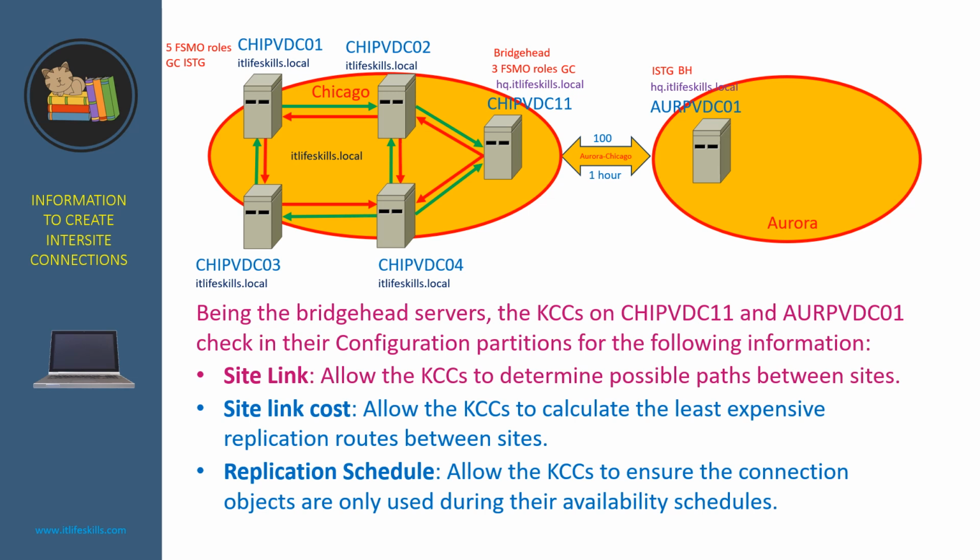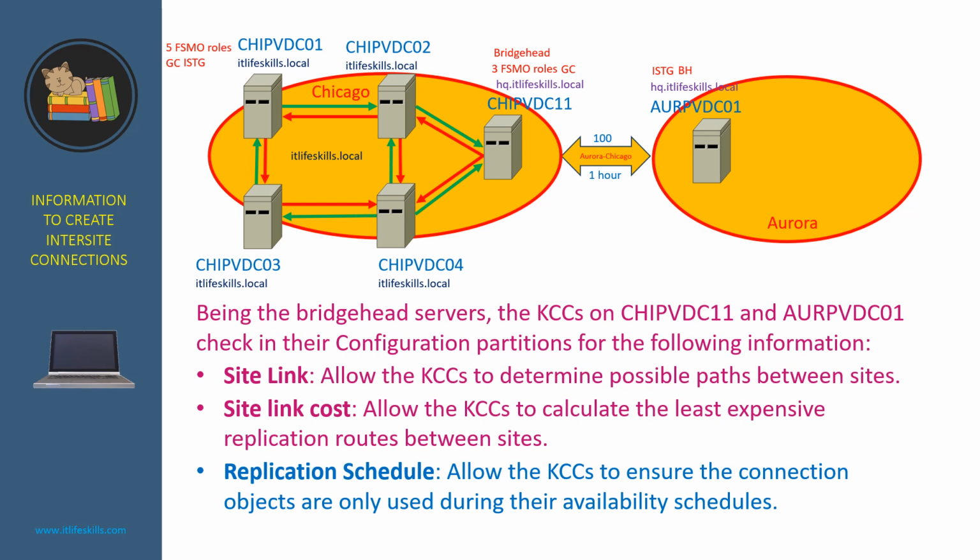In this case, they will find Aurora-Chicago site link. The next information is the site link cost. This is to allow the KCCs to calculate the least expensive replication routes between sites, and in this case, it finds the cost of 100.